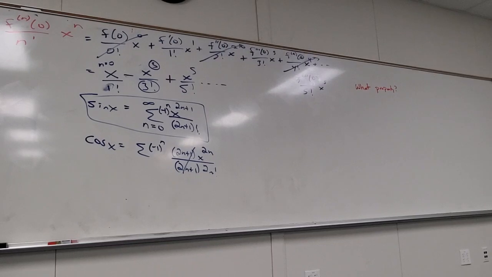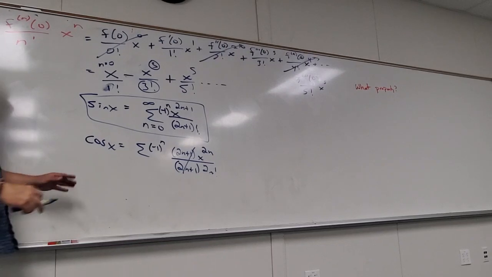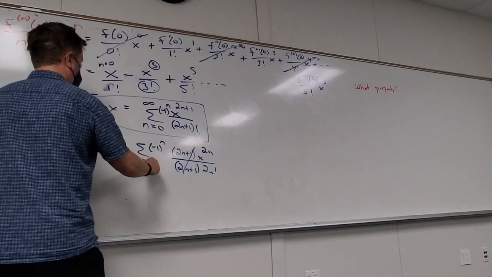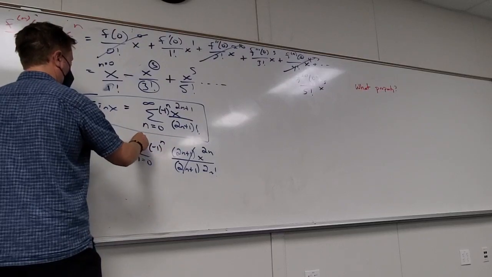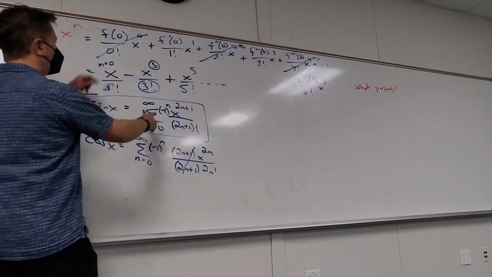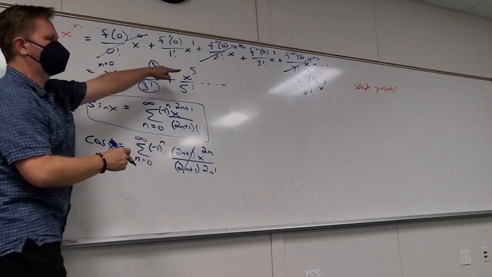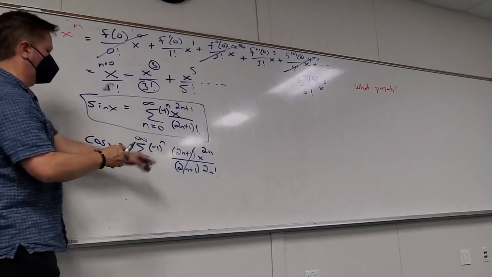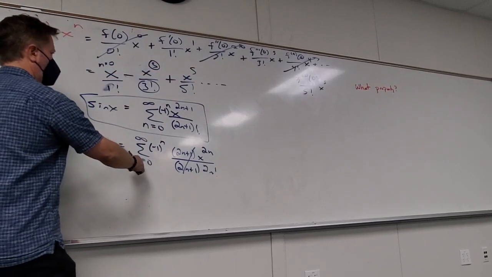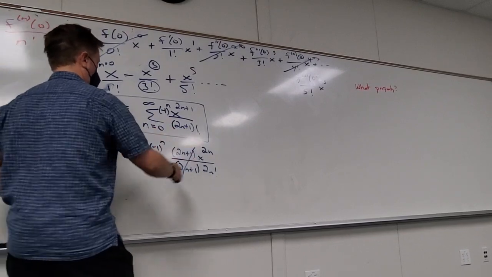You guys all see what just happened? And now I can let n equal 0 because the first term is not 0. So see what this looks like in infinite polynomial form.